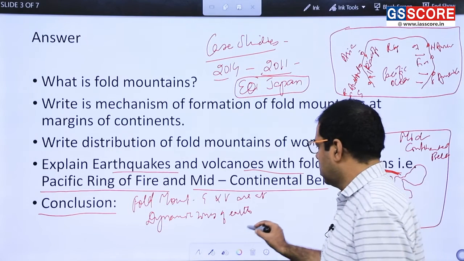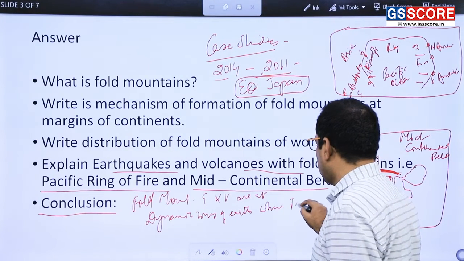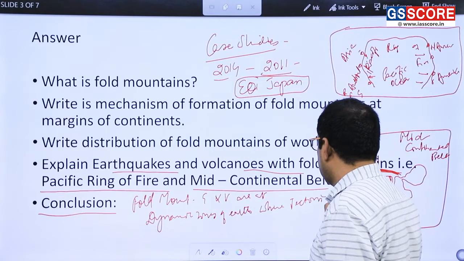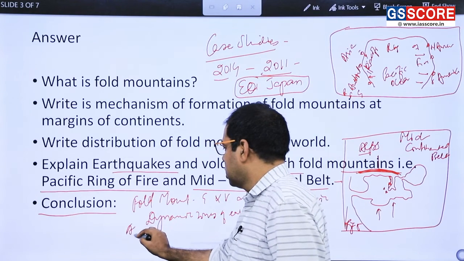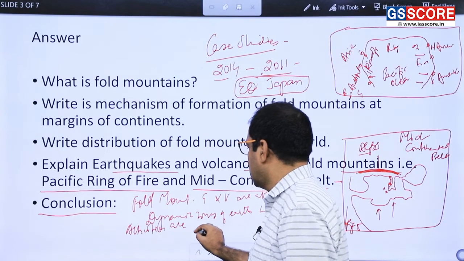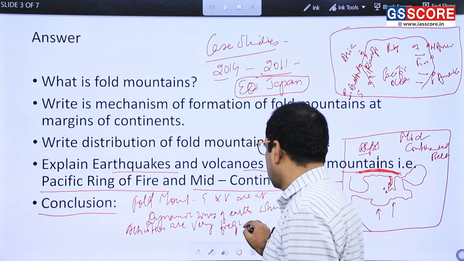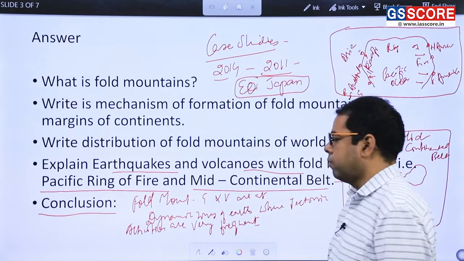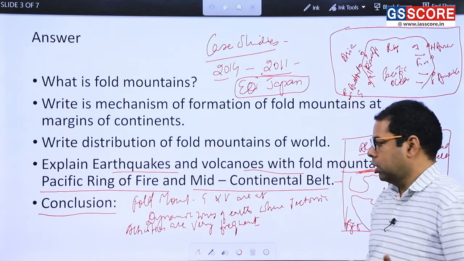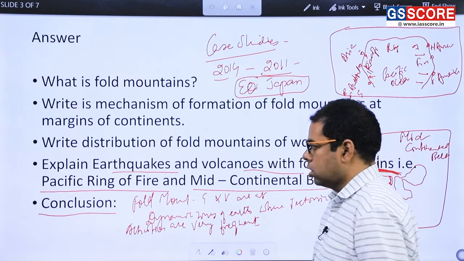Dynamic zones of earth where tectonic activities are very frequent, right, very frequent. So you can draw the conclusion like that. This way you can draw the conclusion.